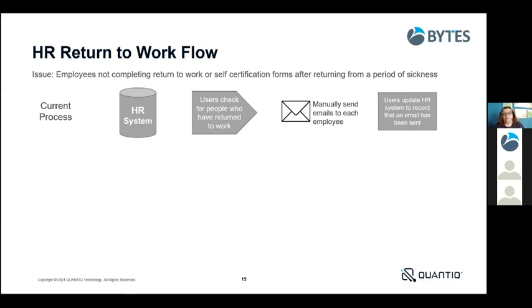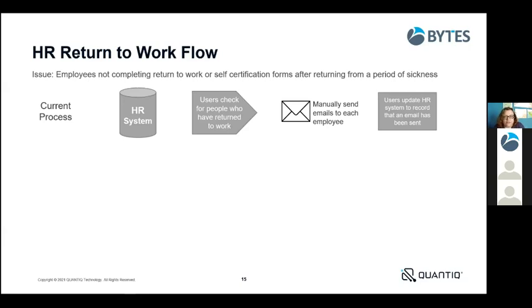The current process that the customer had was that they had an on-premises HR system. I think it was a SQL Server on-prem system. When people were going off sick and then returning to work, they were having issues with employees not completing return to work forms and not providing self-certification forms when they were supposed to.